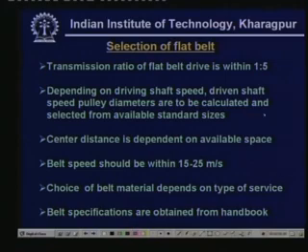Suppose it is an electrical machine. Electrical machines will be operating at a certain speed, say a standard 3-phase induction motor speed will be around 1440 rpm, 1450 rpm, like that. So, that will be your driving pulley shaft speed.